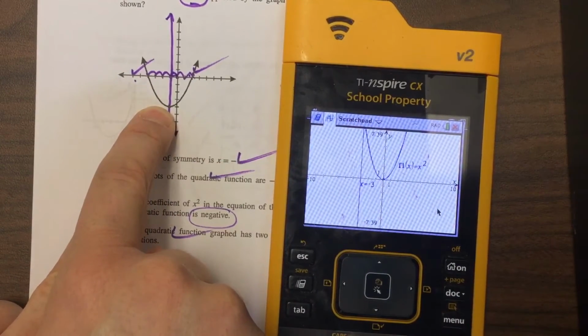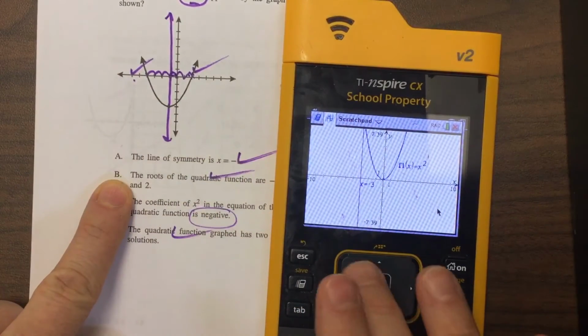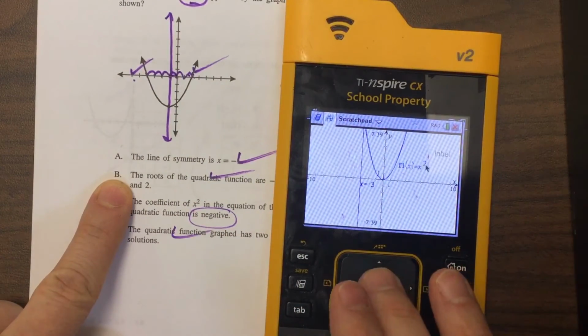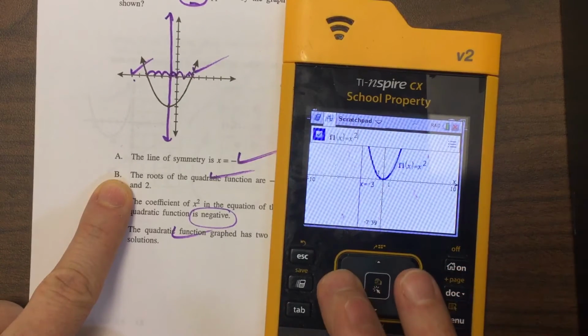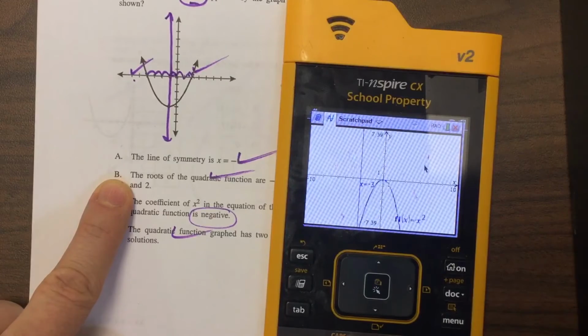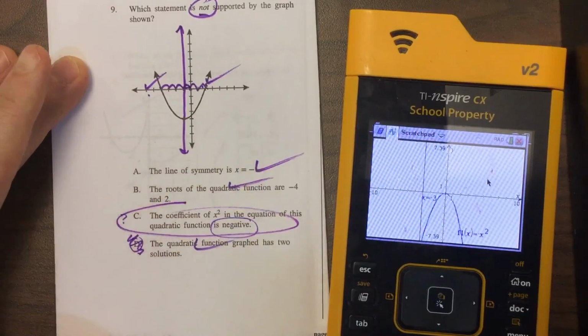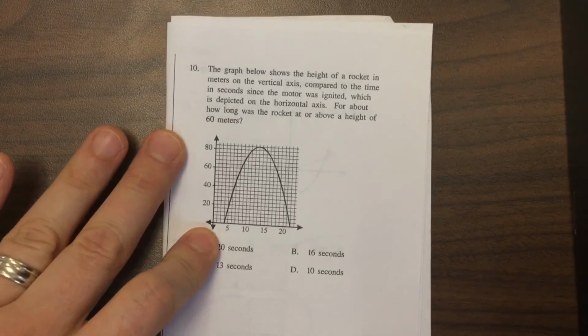So that's the one that does it. So the positive one, this is a positive x squared, not a negative. If I type in a negative x squared, it goes the other direction. So this is not a negative x squared, so C is the one you want to circle. Try to check stuff in the calculator as much as you can.